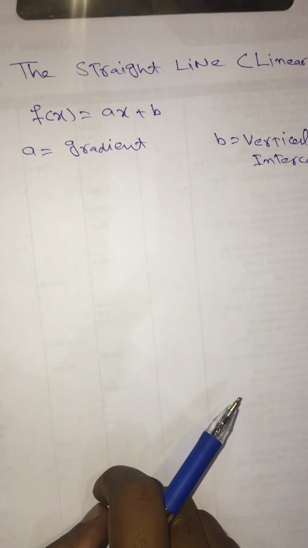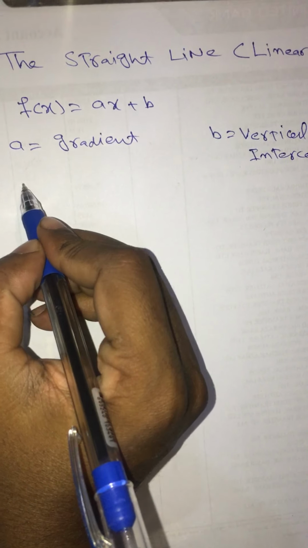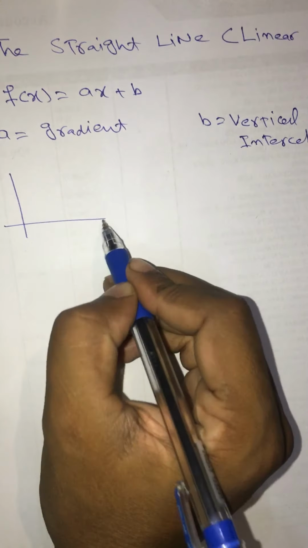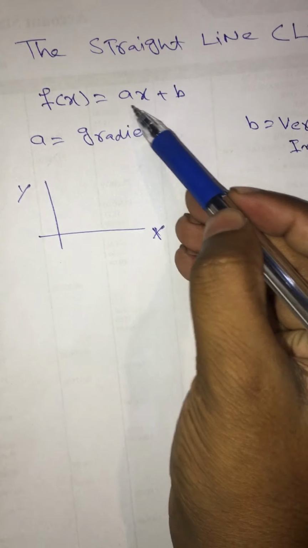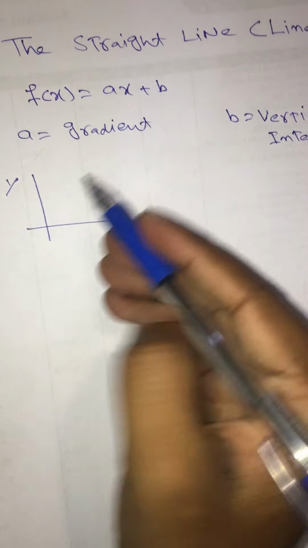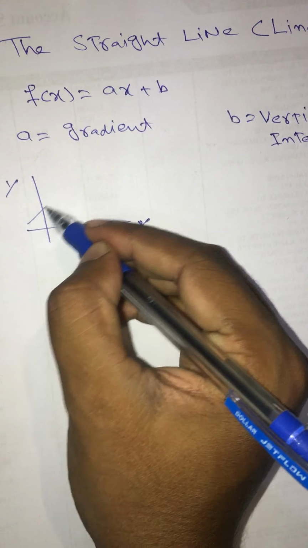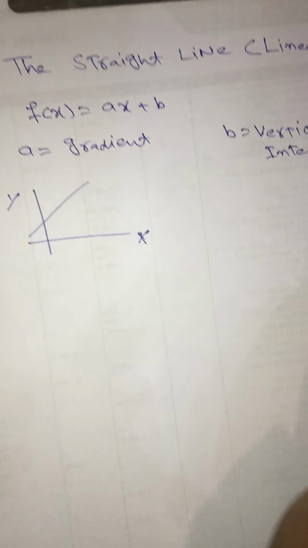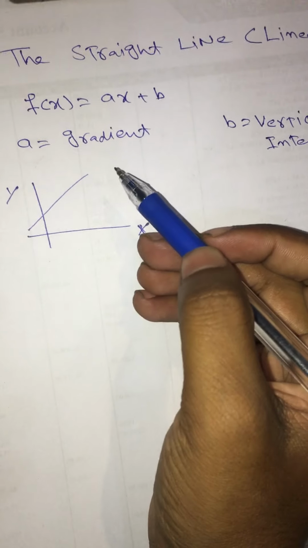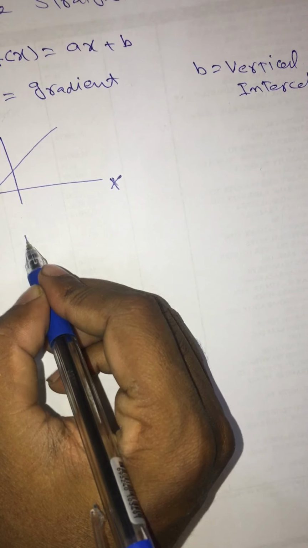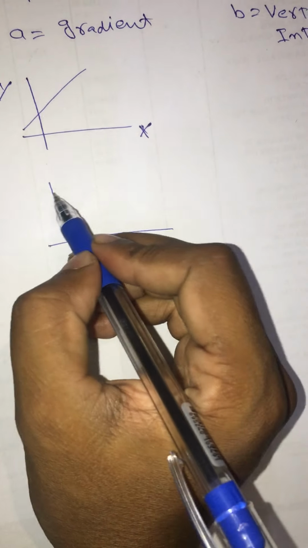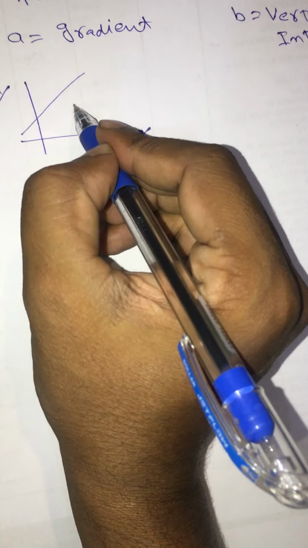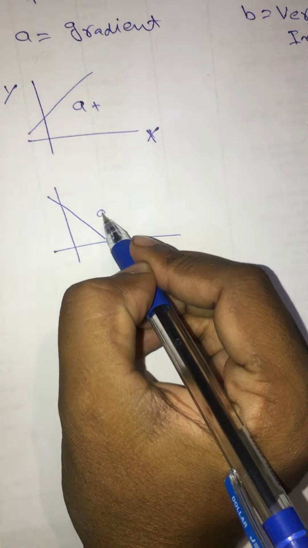We can plot some simple graphs, where this is x and this is y. If the value of a is positive, then your line will have the following shape. If the value of a is negative, your line will have this shape.